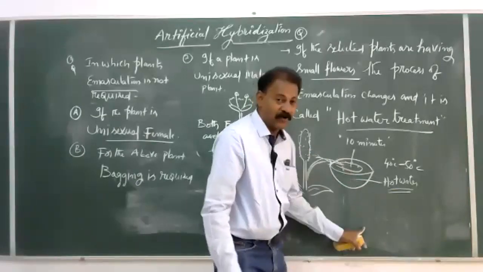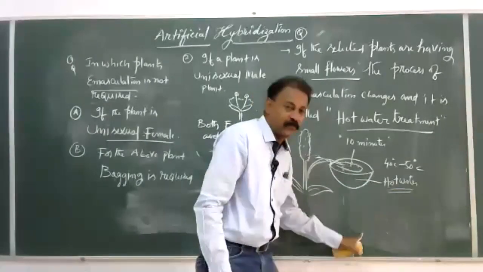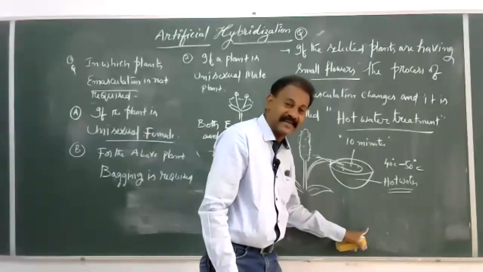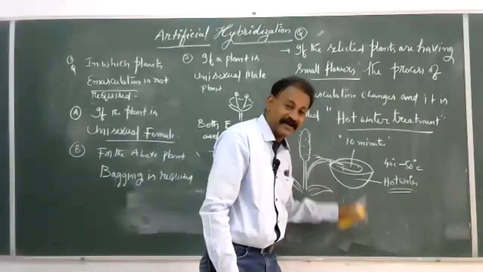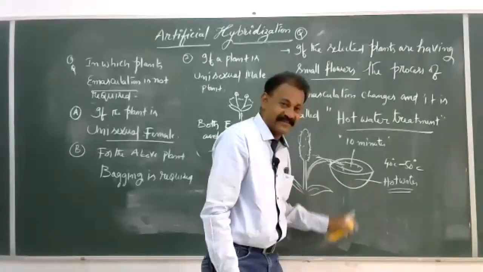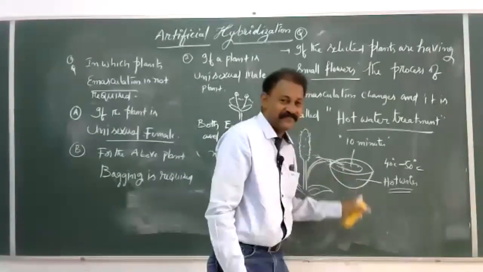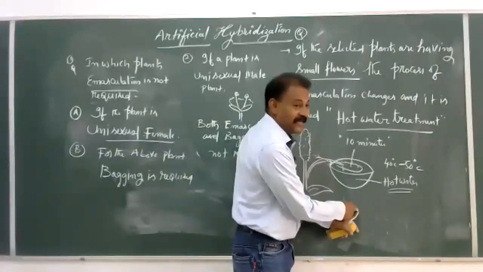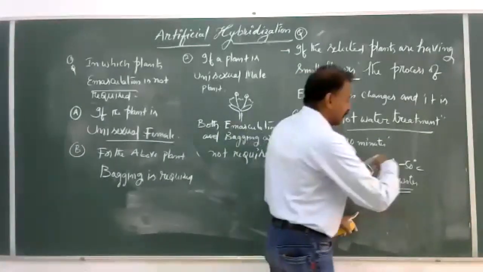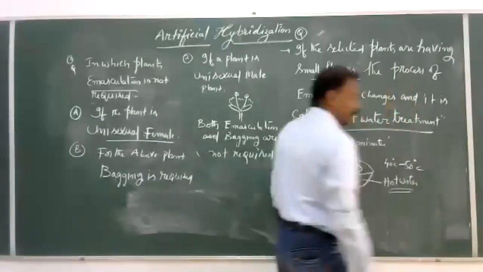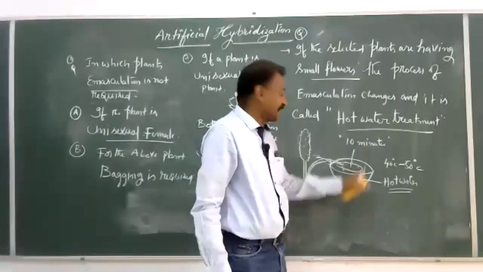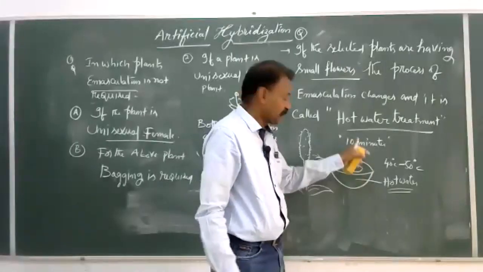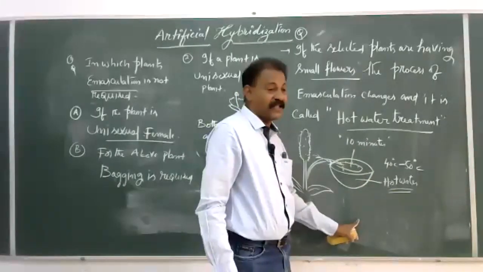Whereas in the ovary, there is the ovary wall. In the ovules, integuments are there, one or two. Inside the integuments, again the embryo sac. Inside the embryo sac, the female gamete, that is the egg. So, when the egg or female gamete is covered with multiple layers, within these 10 minutes it is not going to get affected. If we give more time, it also will be affected.